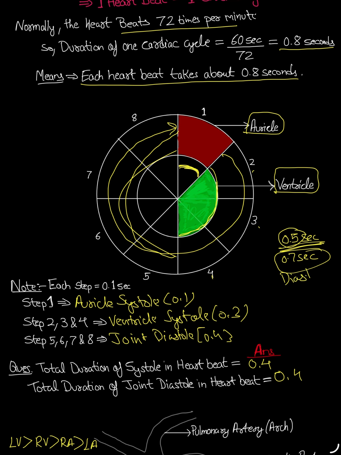I'm talking about diastole, okay? Don't confuse it with systole. So this 0.7 second is for auricle diastole and this 0.5 second is for ventricle diastole, VD, AD. The question can be asked like that also. This is a very good way of representation of auricle and ventricle systole.